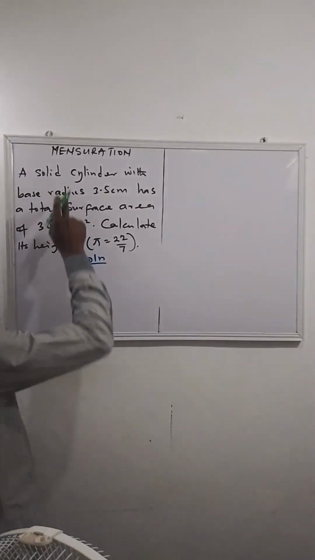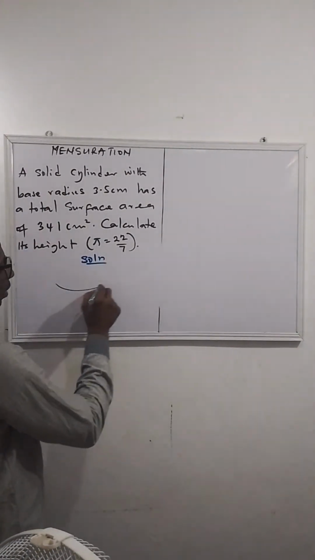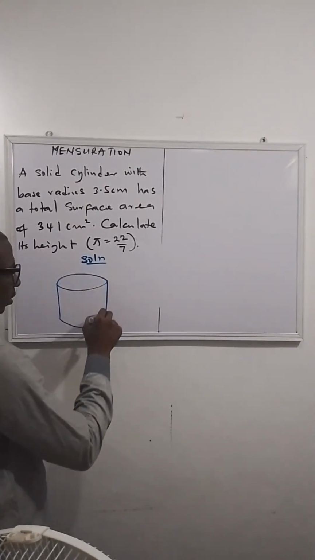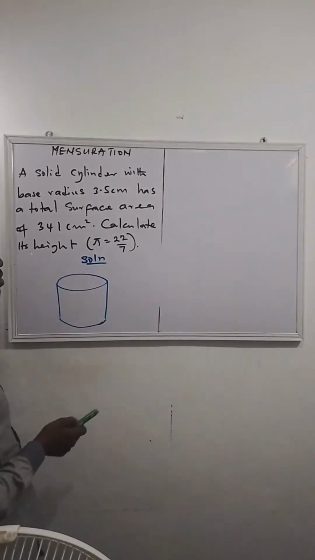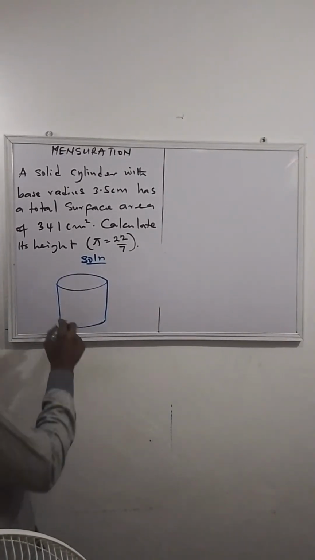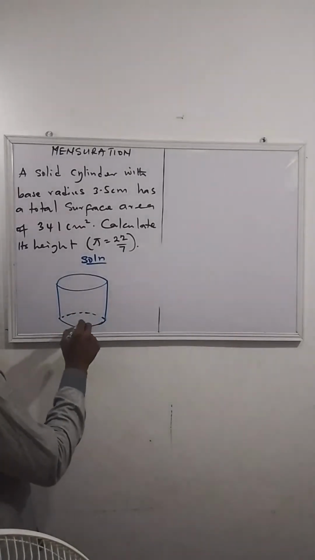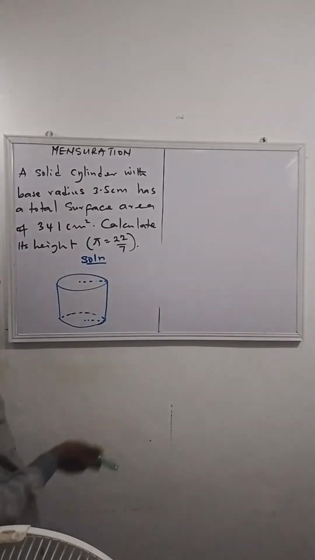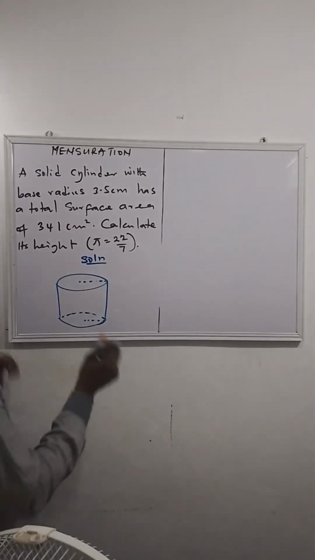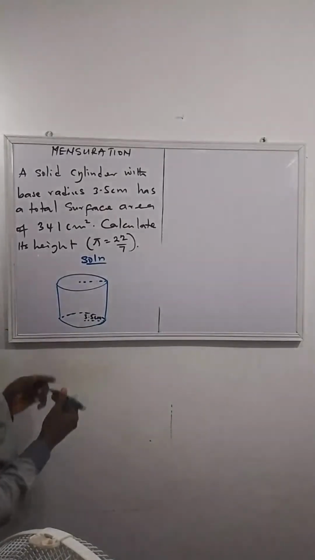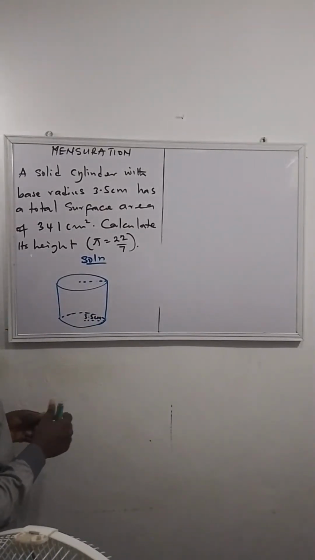The question is talking about a solid cylinder with a base radius of 3.5. So we have 3.5 centimeters as the radius.